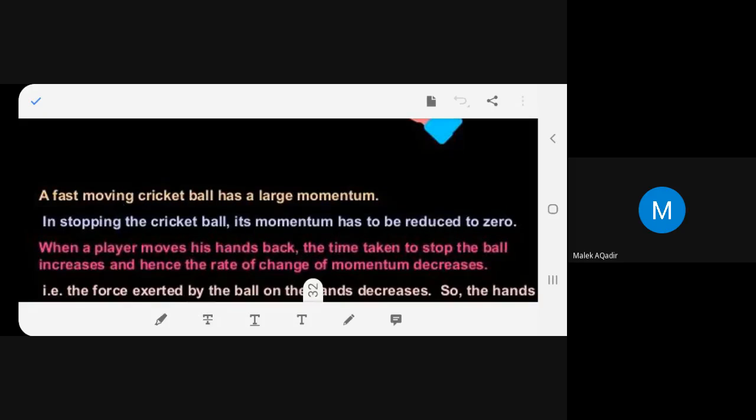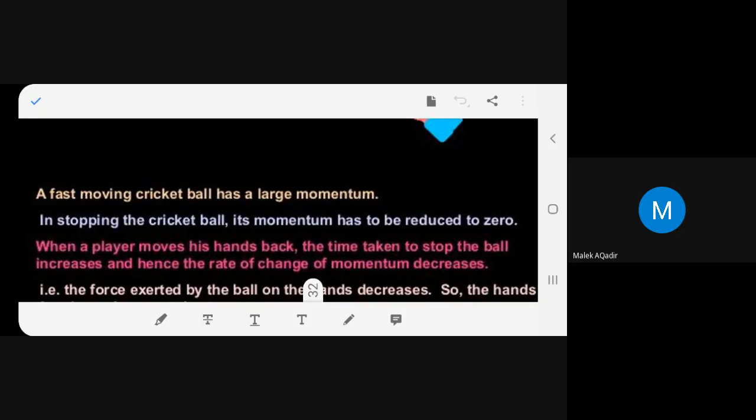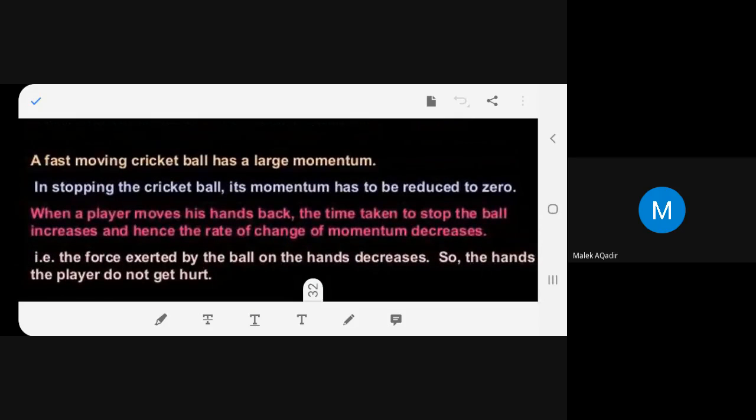And it even hits us badly because of that force. Okay. In stopping the cricket ball, its momentum has to be reduced to zero. Agree? When a player moves his hand back, the time taken to stop the ball increases and hence the rate of change of momentum decreases.